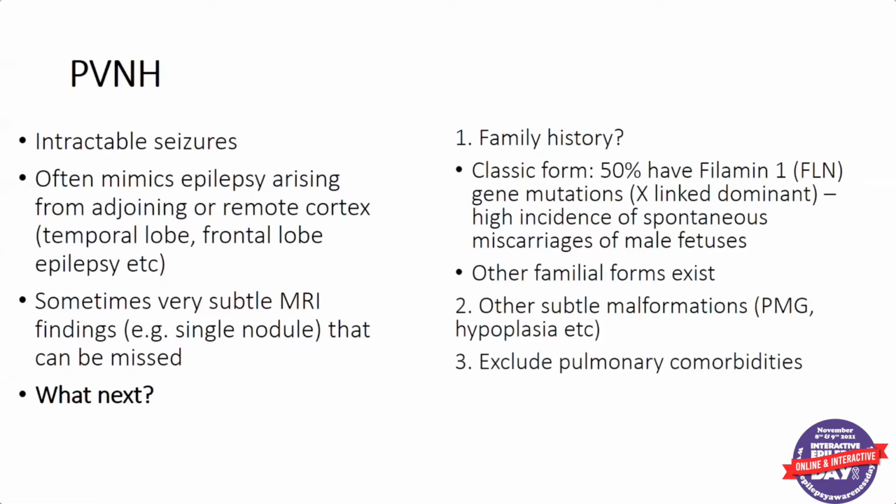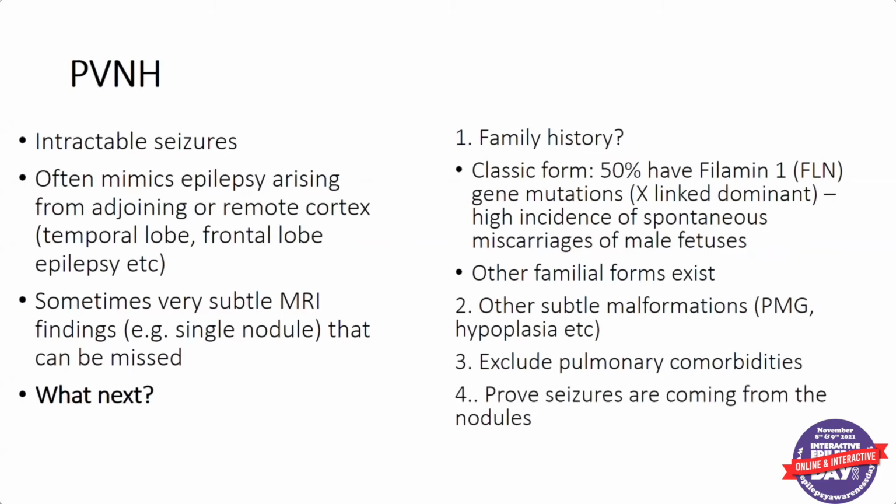And as Dr. Tandon mentioned, patients can often have other problems such as cardiac problems and clotting problems, but also breathing problems and lung malformations. These are often evident clinically, but sometimes they may not be readily evident, and at least a chest X-ray is necessary in our patients who have nodular heterotopias.